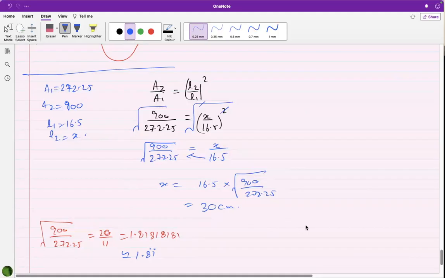Make sure your calculator is not fixed on two decimal places. Yeah, 30. It shows me 30 as well.